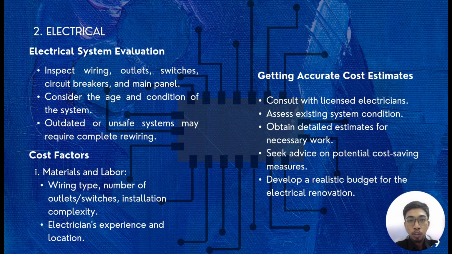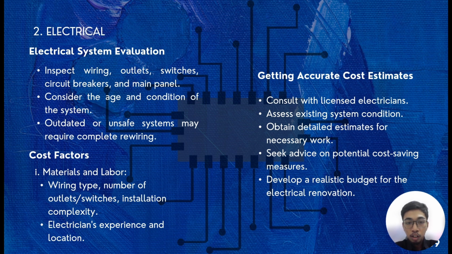Next, for the electrical system, evaluation is to inspect wiring, outlets, switches, circuit breakers and the main panel. If the house is over 10 years old, we need to check the protection of the wiring system. Outdated or unsafe systems may require complete rewiring.